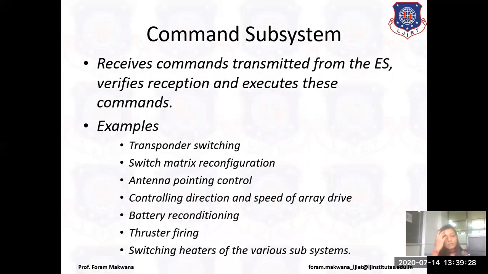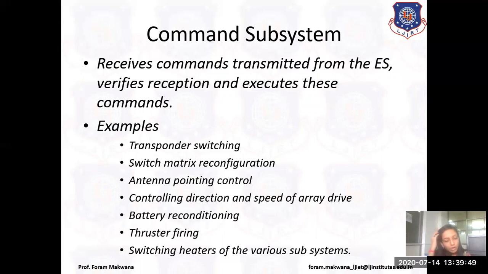Now, that was up to the telemetry system. Now what do you mean by command subsystem? What is the function of the command subsystem? It receives the command transmitted from the earth station. It verifies the reception and executes these commands.